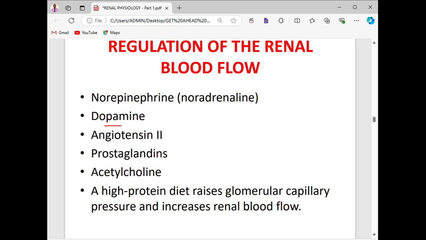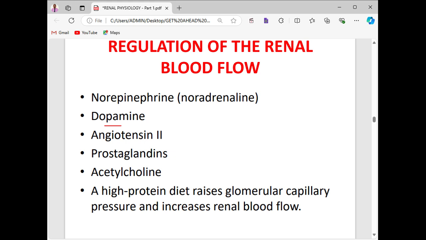Angiotensin 2 just exerts a constrictor effect on both the afferent and the efferent arterioles. Then we also have prostaglandins. These prostaglandins just increase blood flow in the renal cortex and decrease blood flow in the renal medulla.